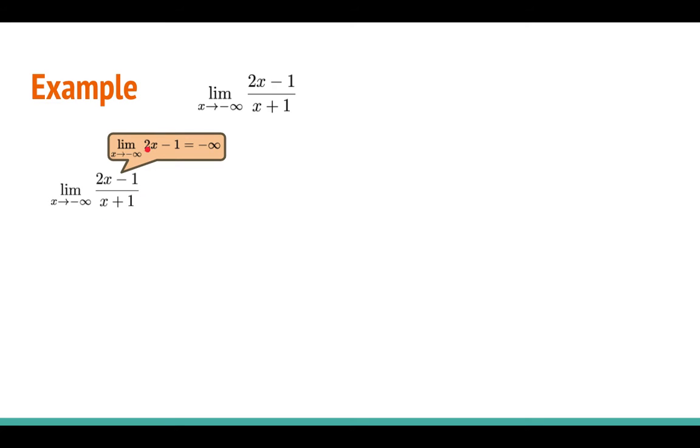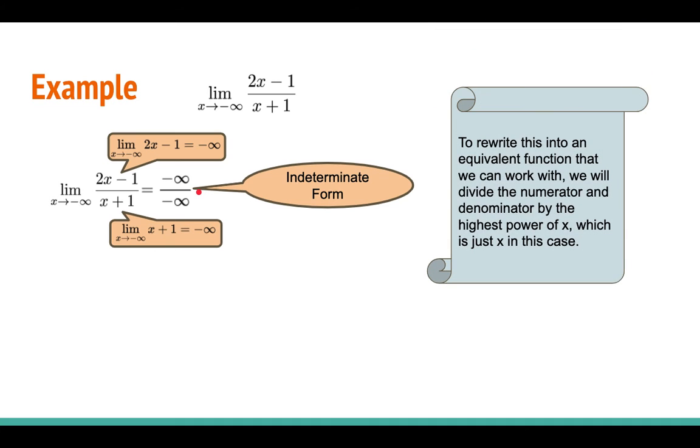The limit of the top as x goes to negative infinity is negative infinity. Bottom, as we go to negative infinity, that's negative infinity. So we get negative infinity over negative infinity, which is just as wonderful as 0 over 0. That's an indeterminate form. We need to get it in another form that doesn't give me that.